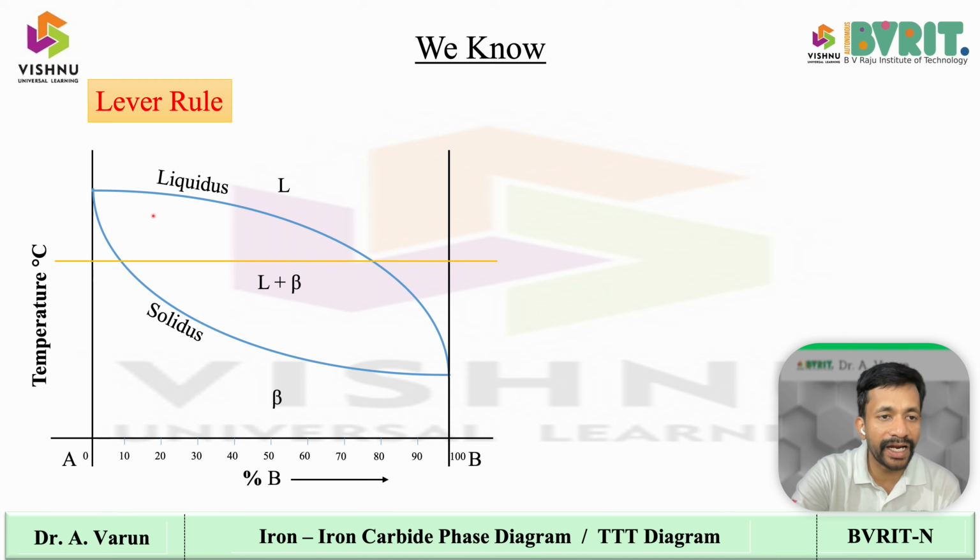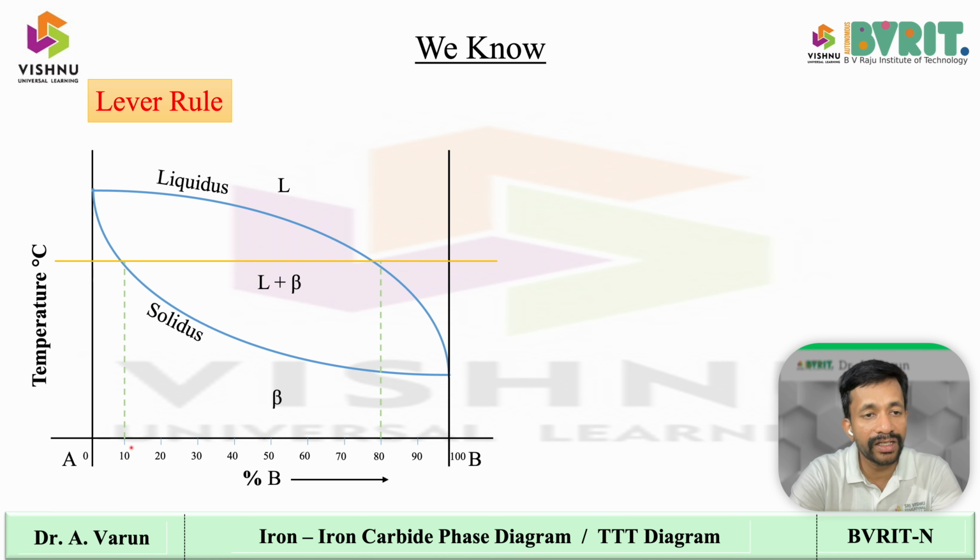It will intersect the liquidus and solidus and drop onto the base to read their respective compositions directly. That means this mark here gives us the liquid composition and this one will give us the solid composition.